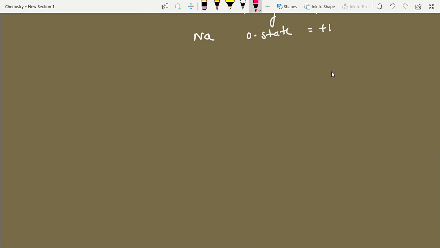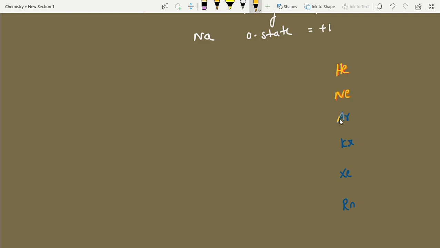I am going to write here: helium, neon, argon, krypton, xenon, radon. Clear? These are noble gases. Only noble gases are stable gases.